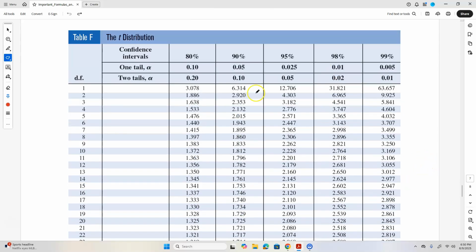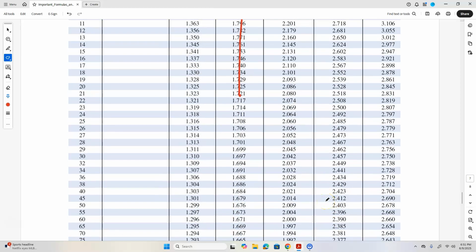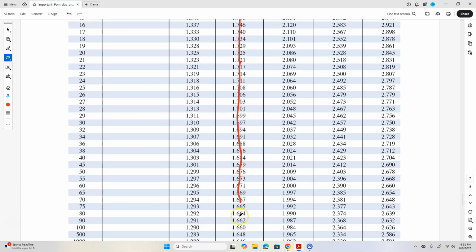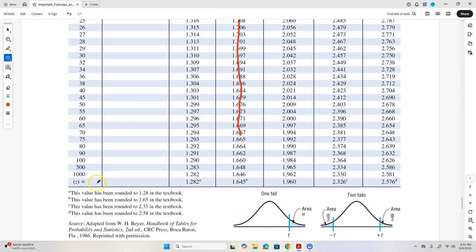So right tail, which would be a one tail on our chart, 0.05, and we're going to get a z-value, which is all the way at the bottom. So we're going to go all the way to the bottom of our chart until we get to that very last row, which is our zero, not zero, zero.